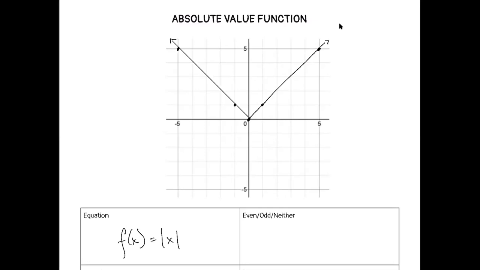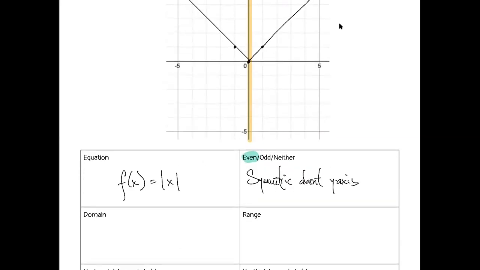It's even. All right, I buy that it's even, right? Because if we draw in our y-axis, we know that it is symmetric about that. So we can say it's symmetric about that. Good.